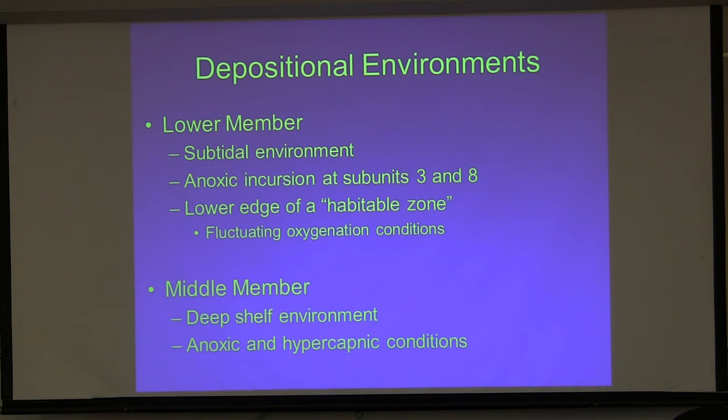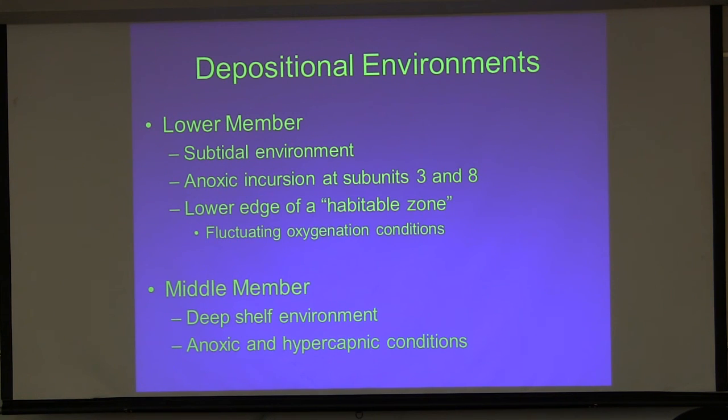And this was most likely a habitable zone, since we had our thorium-uranium ratios right below the anoxic line, coupled with the fact that there are high oxygen trace fossils in this area. It's most likely showing fluctuating oxygen conditions that the gamma ray spectrometry can't pick up. So we're most likely at the lower edge of a habitable zone.